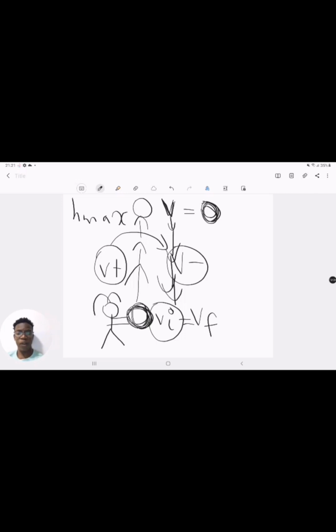As it changes direction, it has a negative velocity and comes back to the point from which it was thrown. When it gets there, the velocities are the same. The velocity that you started off with is the same as the velocity that you ended up with. The absolute values are the same, but the signs are different because it's coming back down. So this will have a negative sign and this will have a positive sign.